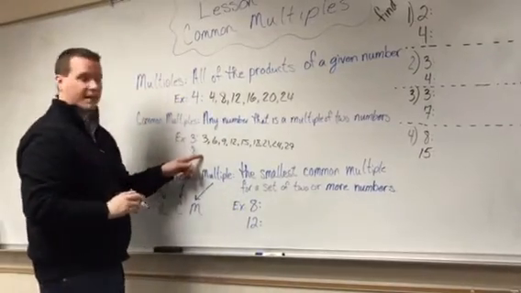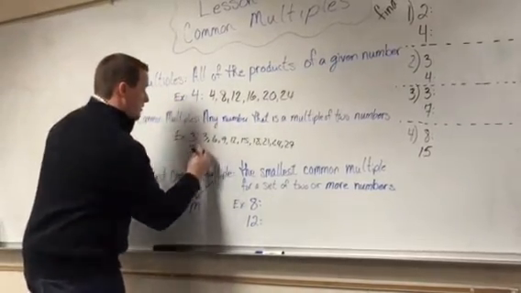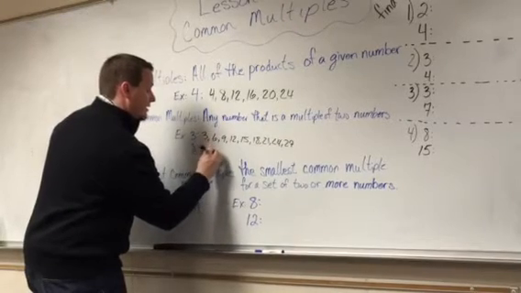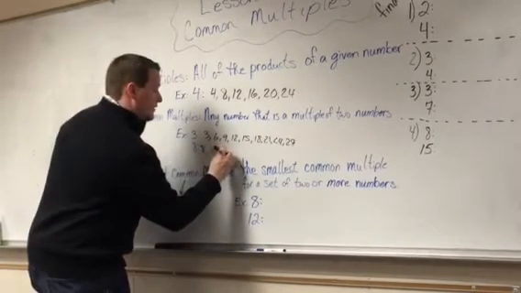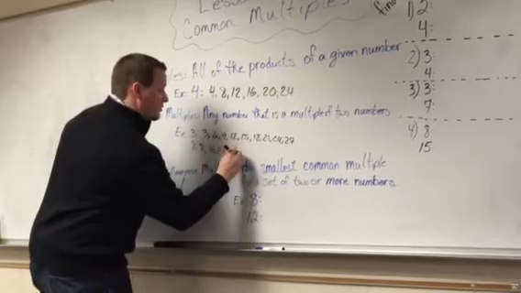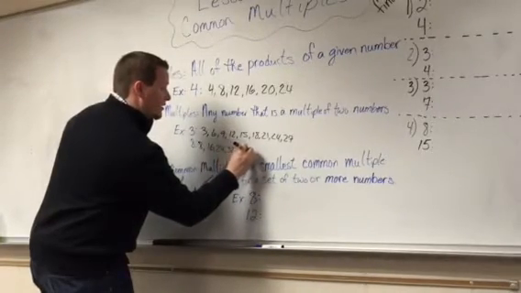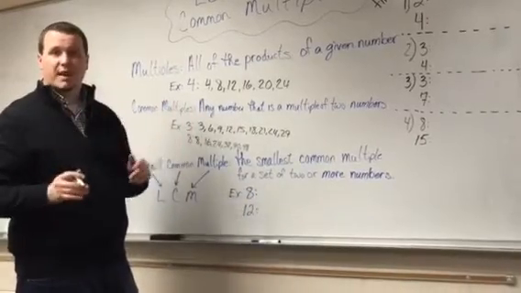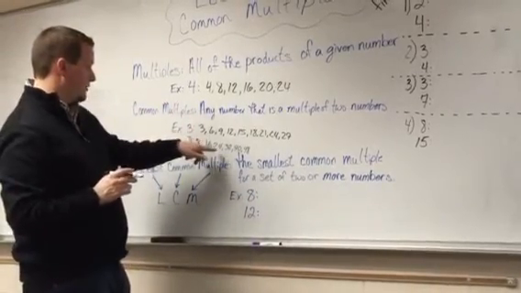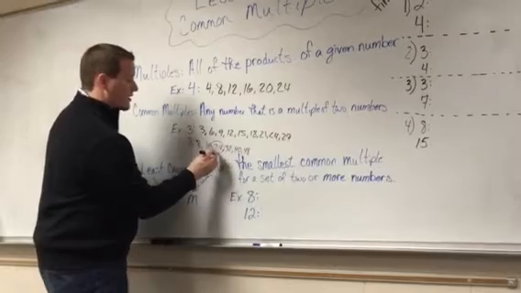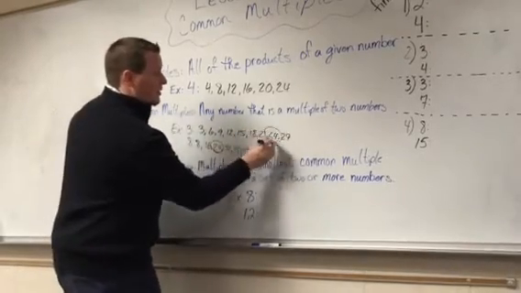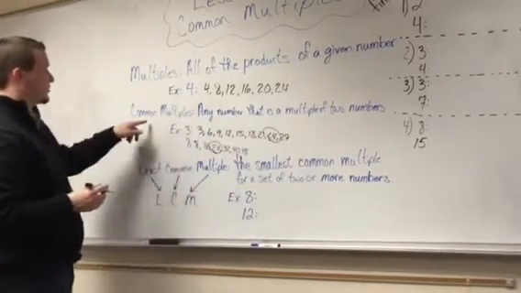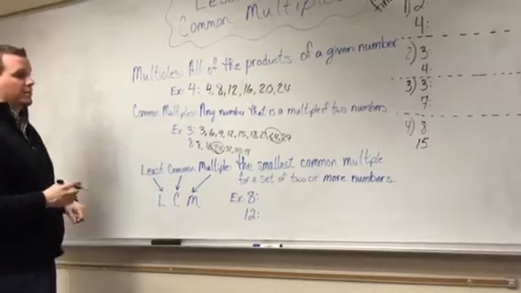But let's look at the 8s now. 8, 16, 24, 32, 40, 48. And again, it will keep going, but I've noticed something. I've noticed that we have a 24 in this row and a 24 in that row. So those are going to be a common multiple.